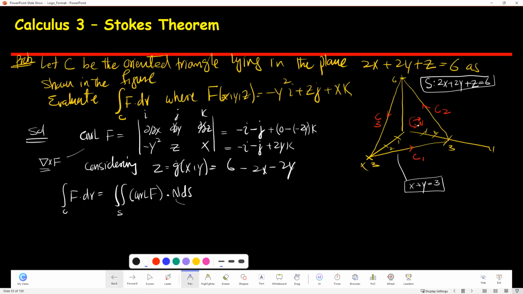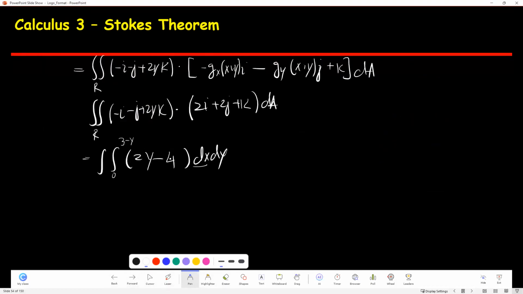You guys remember this equation, I'm going to write, is equal to 6 minus 2x minus 2y. So z becomes 0 and I need to find the value of x. So it's going to be 3 minus y, and if I substitute y equals 0, then I get the second value, 0 equals 3. Right.